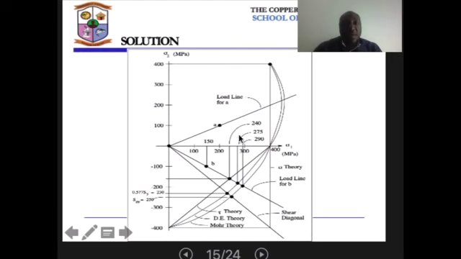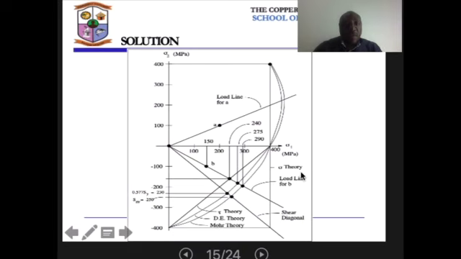So this graph will be considered as we handle this question. And for the maximum shear stress theory, the distortional energy theory, and the Mohr theory, we are going to consider the bottom part of this graph, because we've seen all these lines and we have some guidance that this is the shear theory, the distortional energy theory, and the Mohr theory.